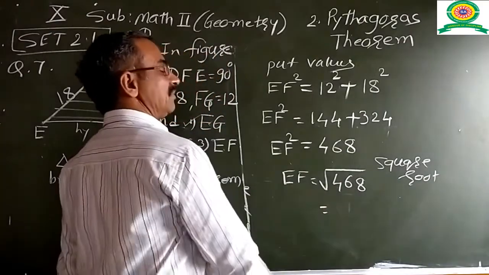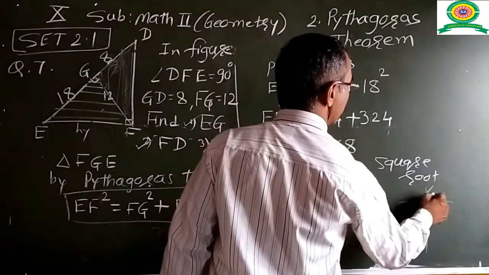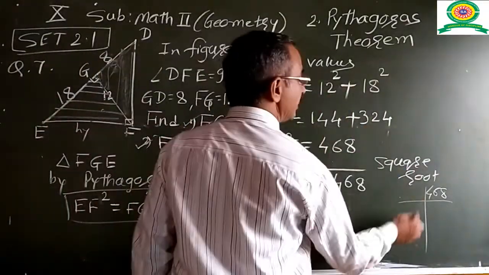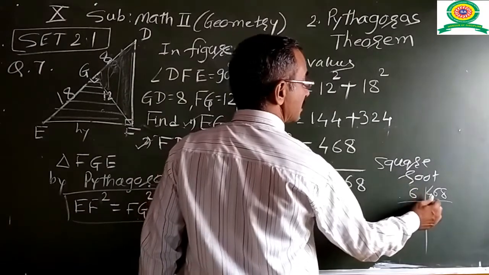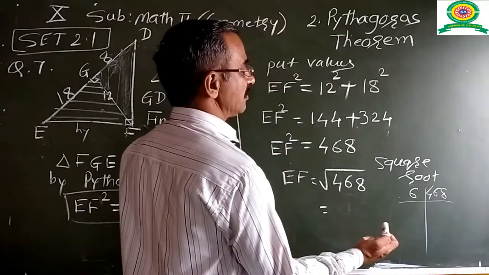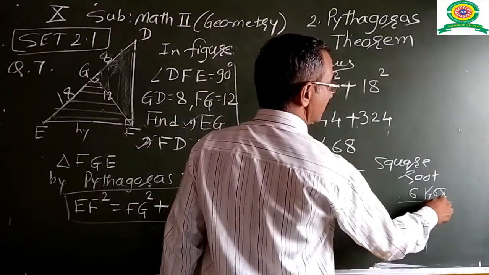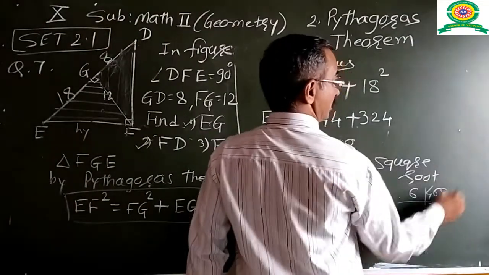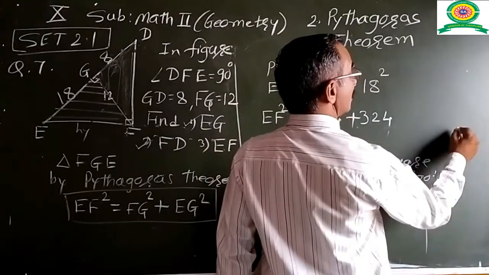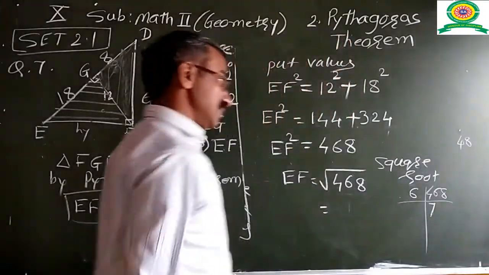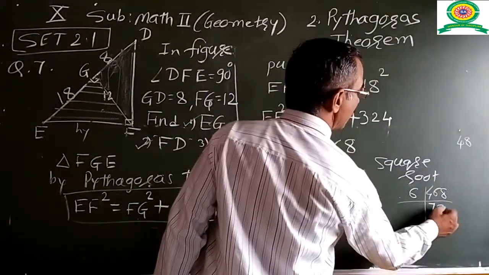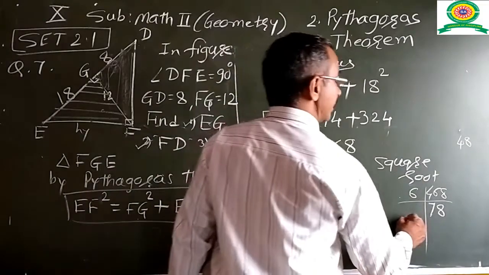Again, by factorizing 468, we get the value. Directly I will divide by 6. 6 4s are 24... 6 7s are 42. 46 minus 42, 4 remains, 48. 6 8s are 48.